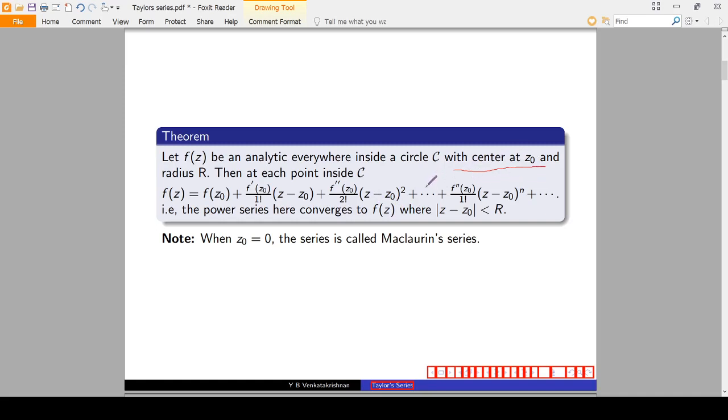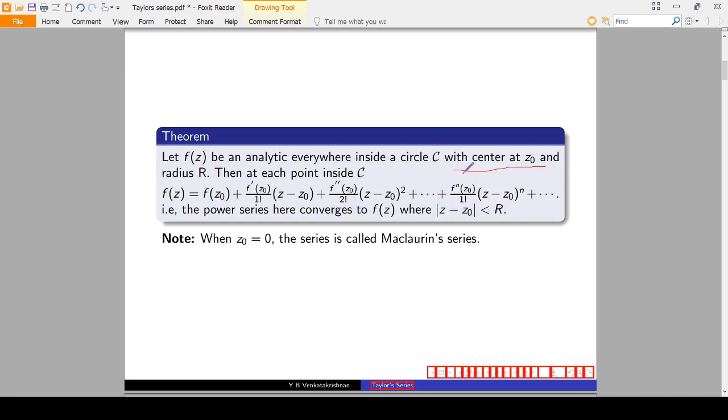So in this case, this right hand side power series converges to f of z, where z is a point inside the contour, mod z minus z0 less than r. This expansion is called the Taylor series expansion.